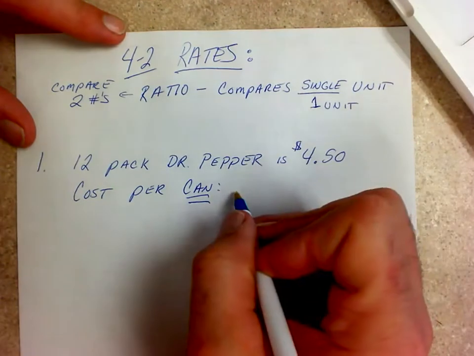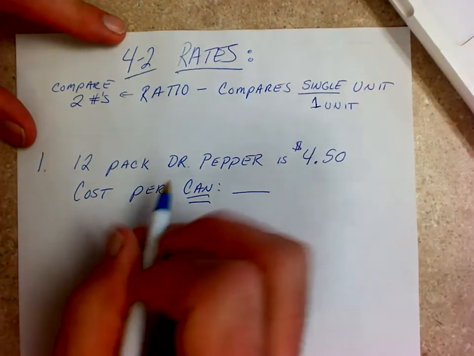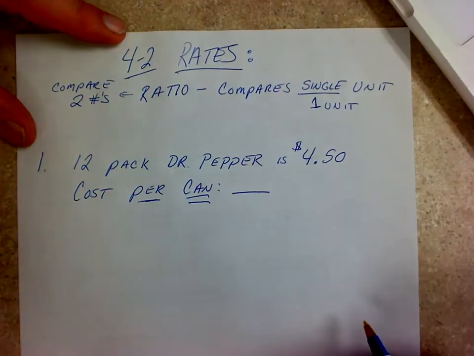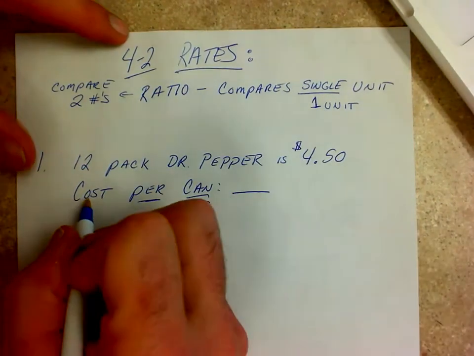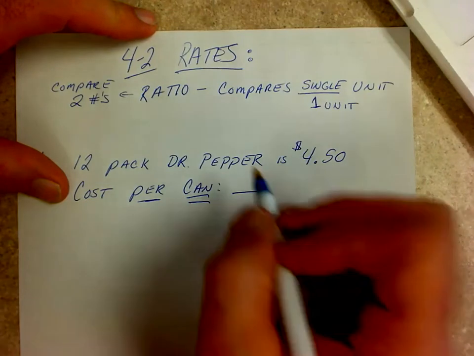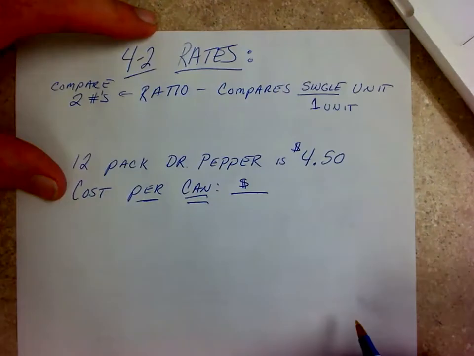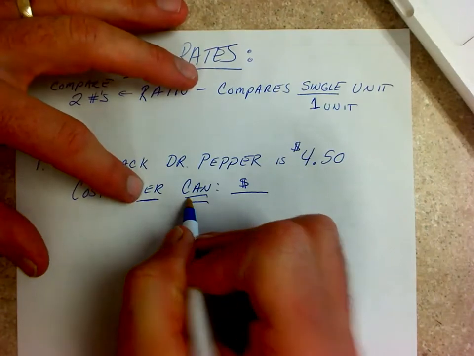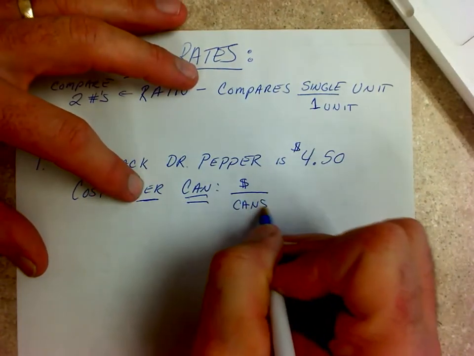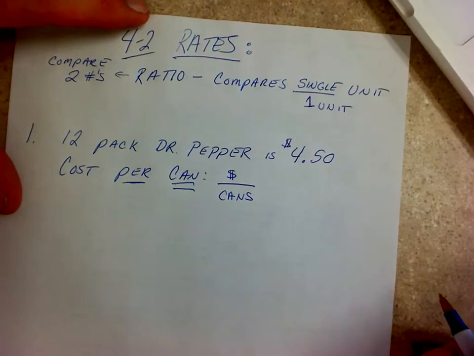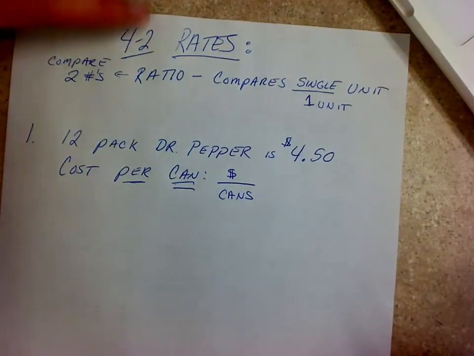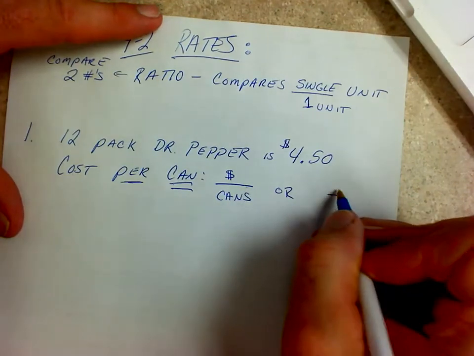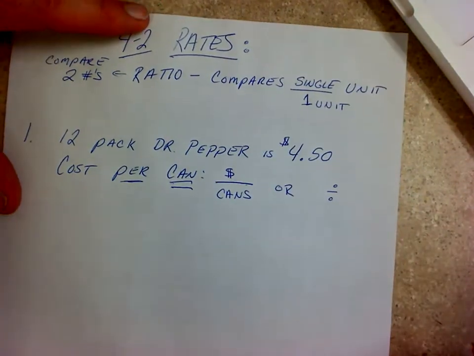Remember our little word per, that gives us our fraction bar. The value before the word per goes in our numerator, and the value after the word per goes after the fraction bar. So we would set this problem up as money over cans. If you don't like that division sign, we can use this division sign as well.